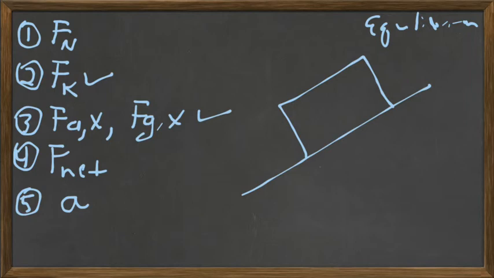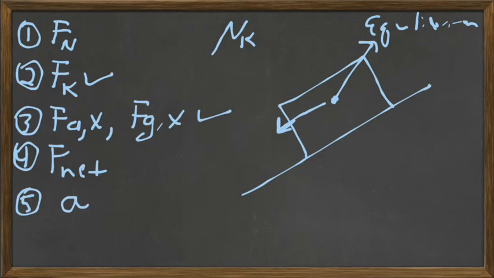In that case, knowing I have a towing force, and knowing I have a force of gravity acting down the incline, solving for something like friction becomes easy. So if in a problem you're not given the coefficient of friction directly, look to see if you have information that you could get friction with besides using that.